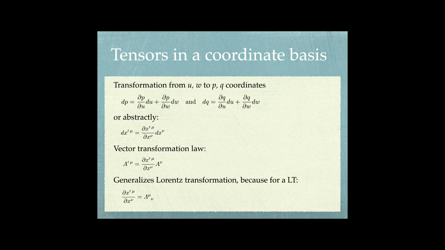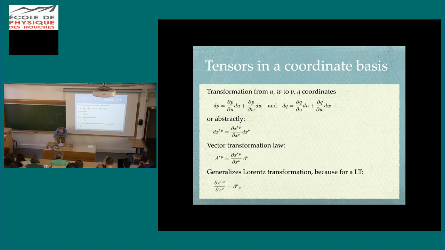Okay, great. So let's continue. We're going to try and figure out how to do tensors in this coordinate basis. So for the moment, we're going to go back to considering a two-dimensional, possibly curved surface in space, and I'm going to consider a general coordinate transformation from UW coordinates to PQ coordinates.